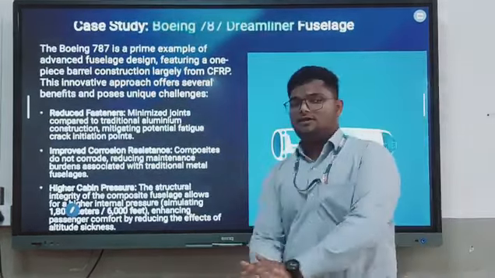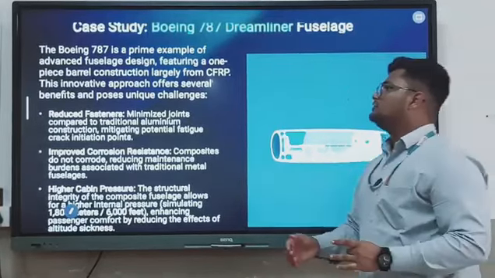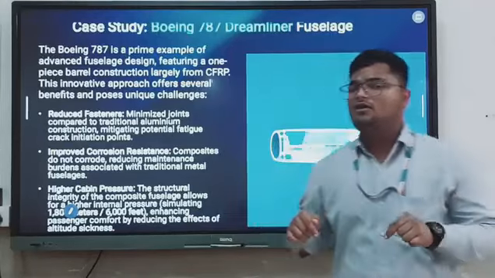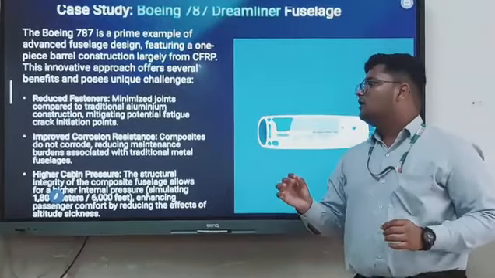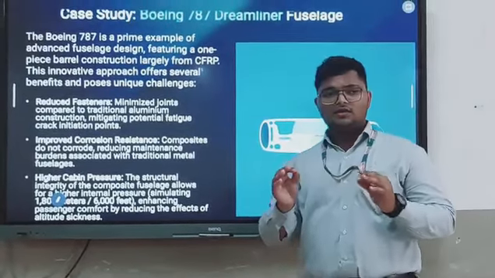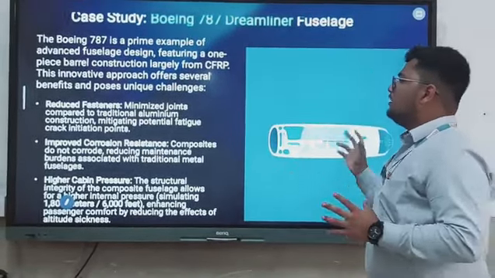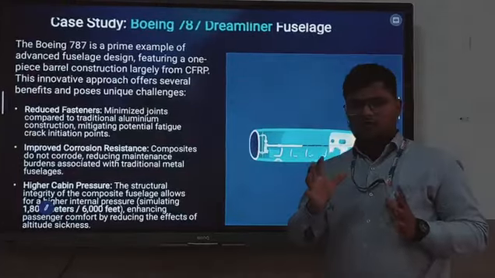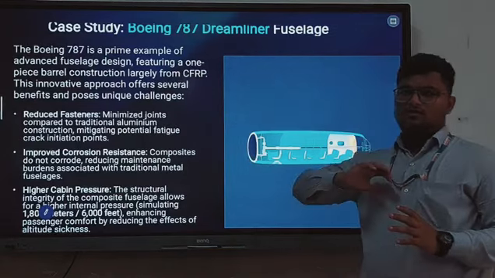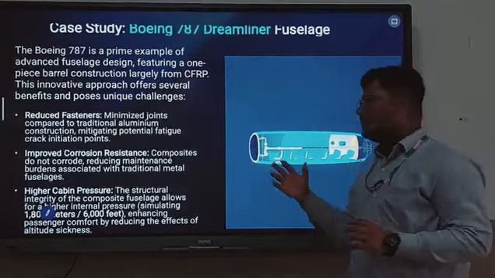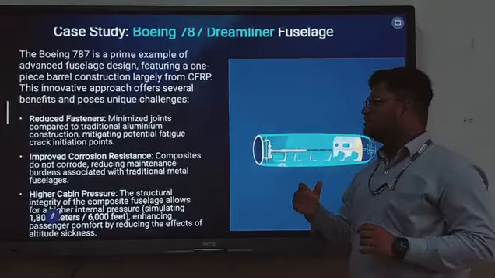Next we have a case study on the Boeing 787 Dreamliner, which is the prime example of today's aircraft. If we look at the Boeing 787's fuselage, it is a one-piece barrel construction. That is the CFRP, the polymer. We can make its fuselage with a single barrel of the sheet.